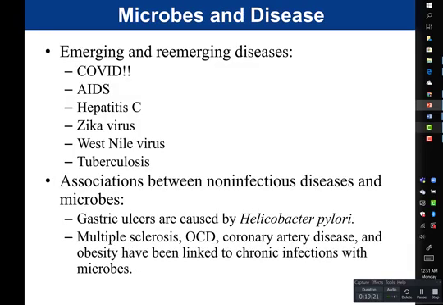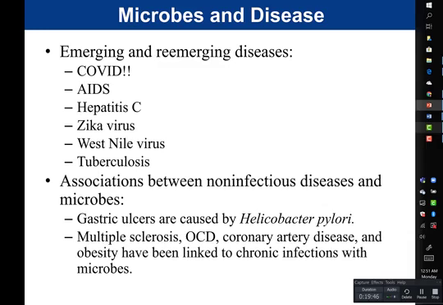So there are many microbes and diseases that are either emerging or re-emerging diseases. COVID is the perfect example of an emerging disease. We have other coronaviruses that have caused disease. SARS, for example. We have MERS, which is Middle Eastern Respiratory Syndrome.